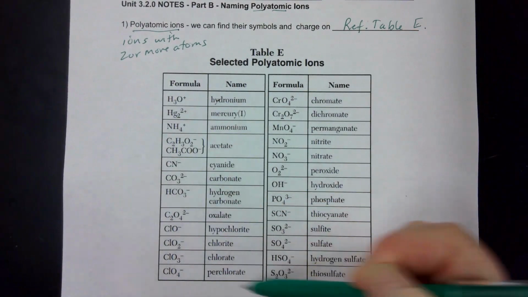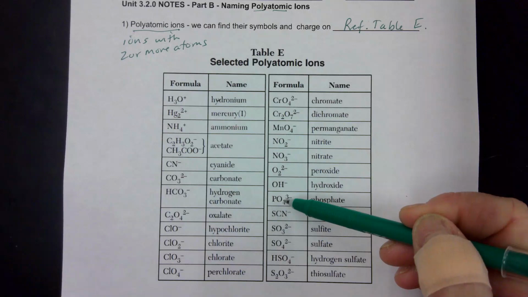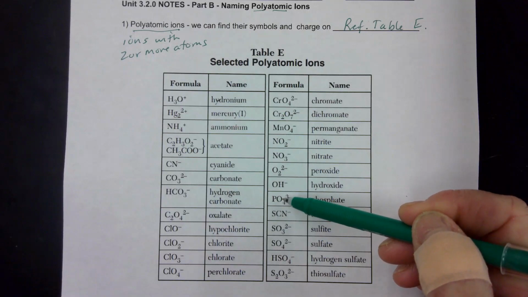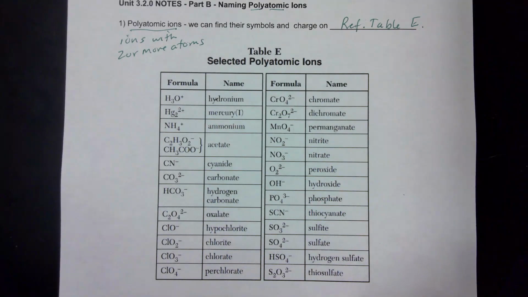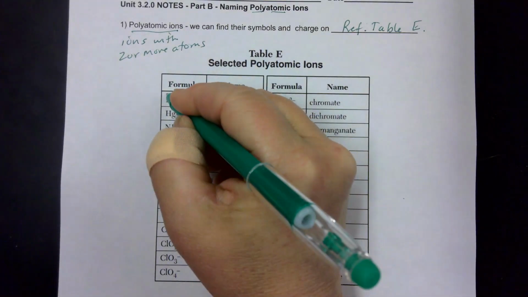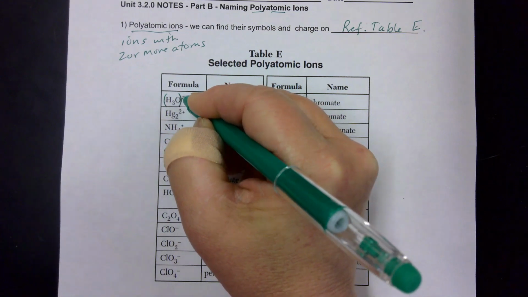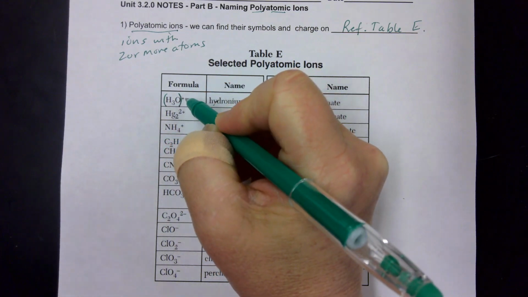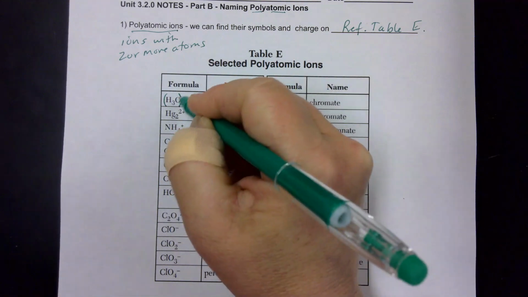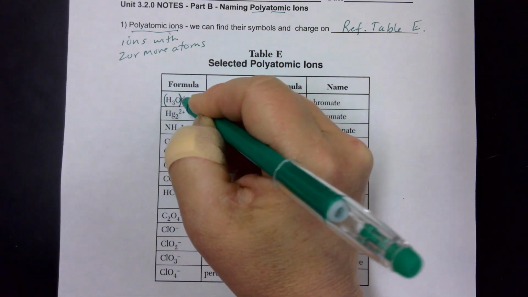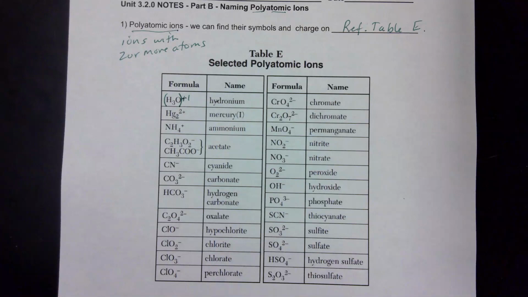Every one of these has a group of atoms clustered together, and that cluster of atoms has an overall charge. So to emphasize this, I'm going to have you put parentheses around the element symbols, but you're going to keep the charge outside. So this right here, the hydronium, is H3O with a +1 charge.